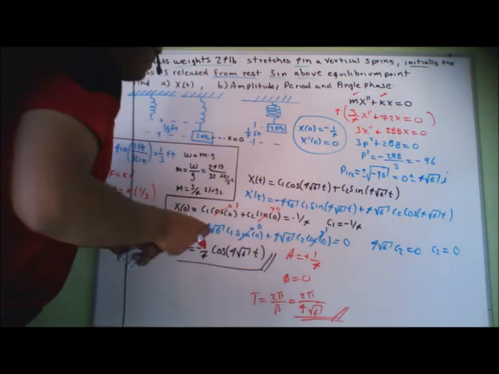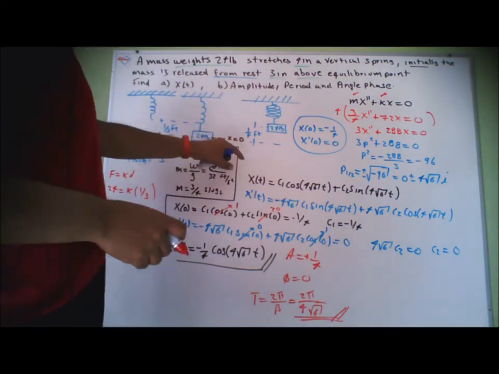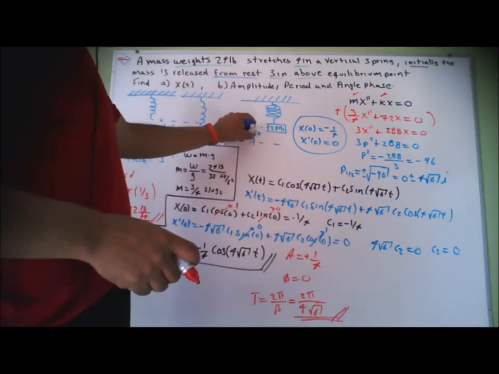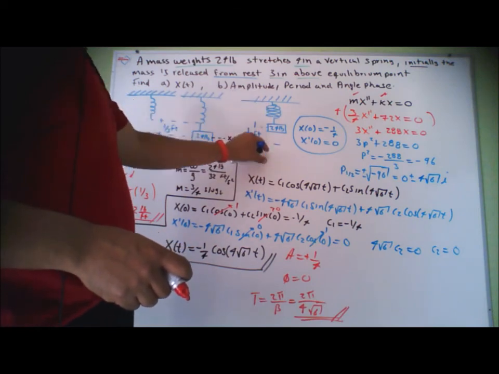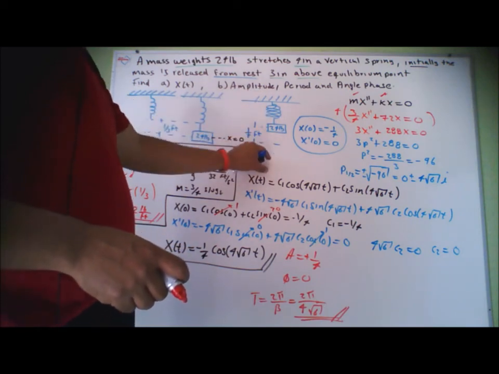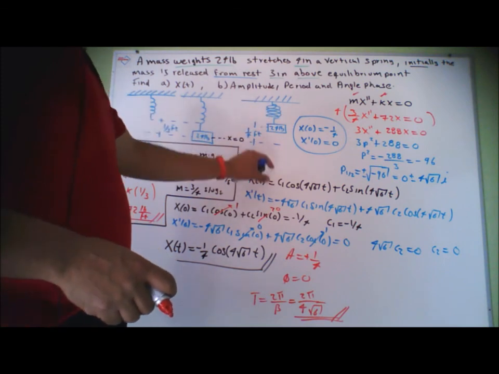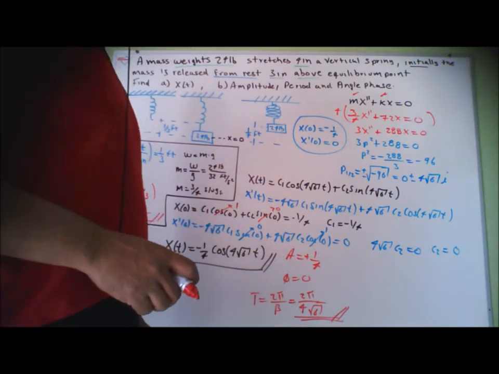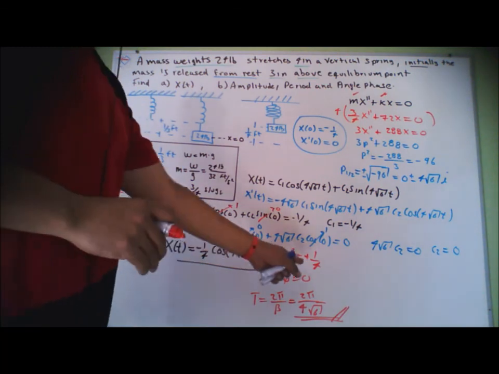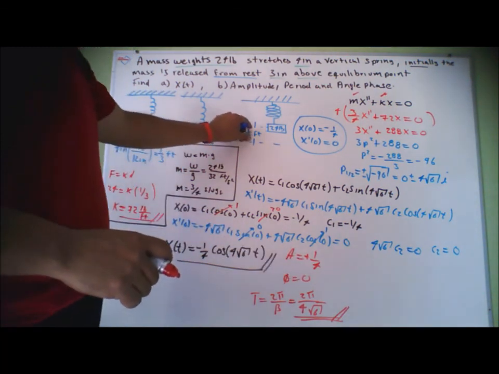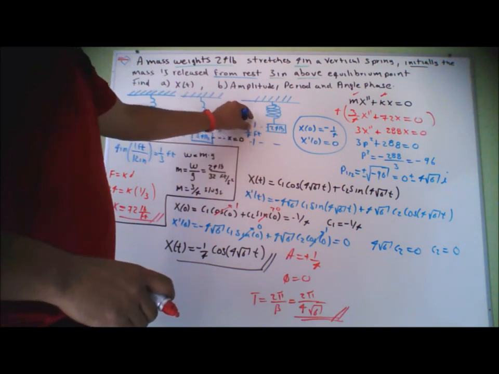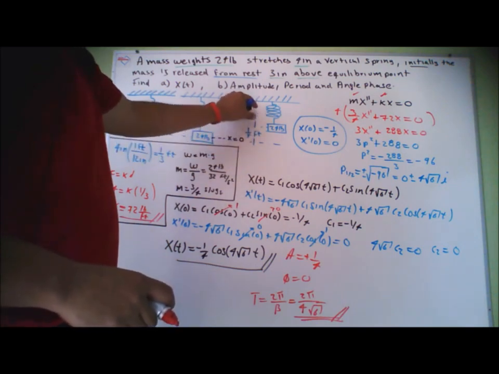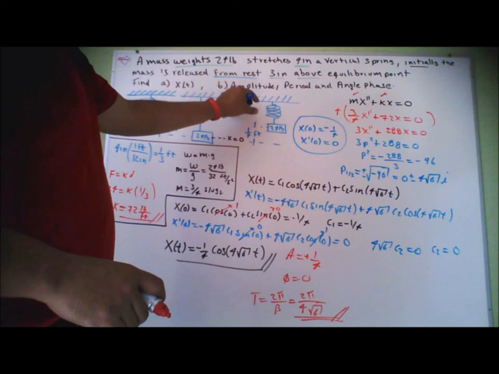So somebody comes here 1/4 up and then releases it, and then it's going to do something like this. To make a full cycle is going to take this amount of seconds. And the amplitude is 1/4, which is the distance that you gave at the beginning. That makes sense, right?